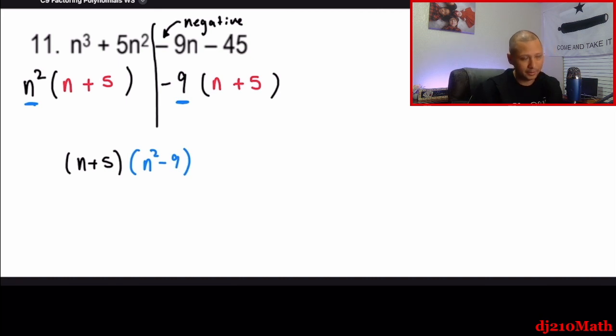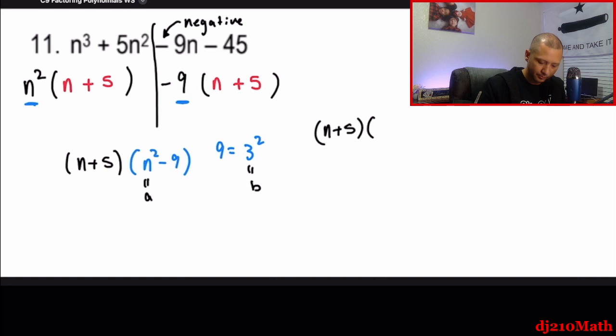Yeah, it can, because it's a difference of squares. 9 is really 3 squared, so our a is going to be n and our b is going to be 3. So we have n plus 5, and then n plus 3, n minus 3.